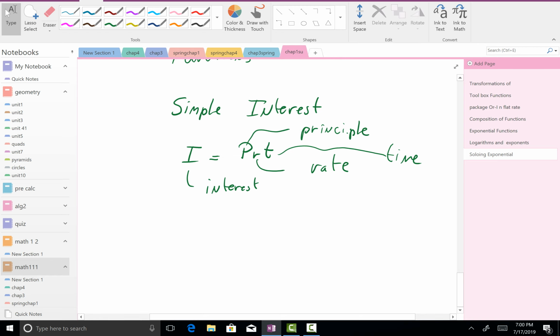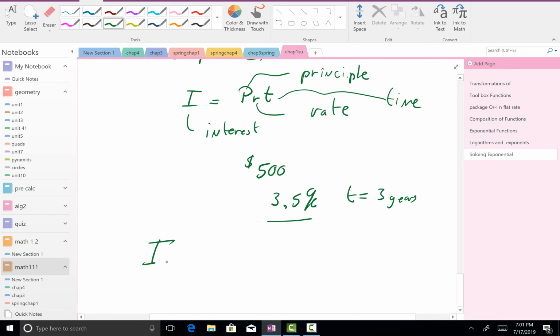So if you had $500 that you were loaning, okay, and the rate was 3.5% or something like that, that's a pretty good rate. And the time was 3 years or something like that. And this is an annual rate, so then you just use 500, okay, make sure you change this into a decimal.